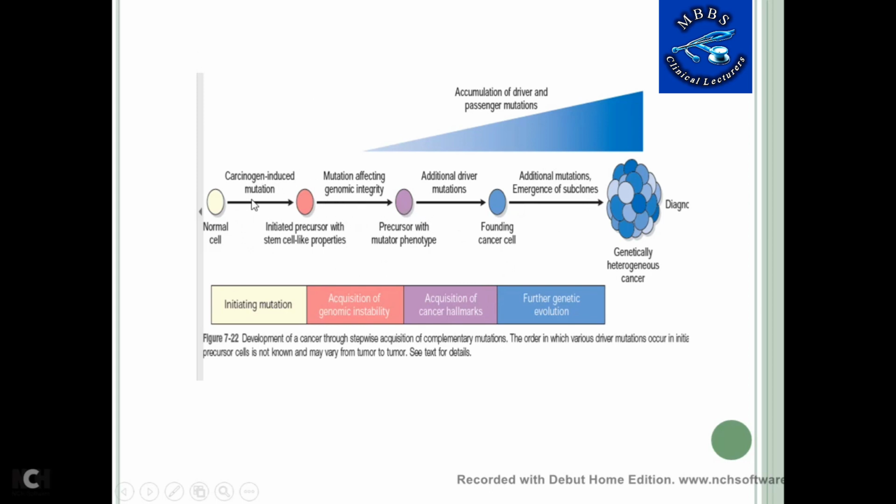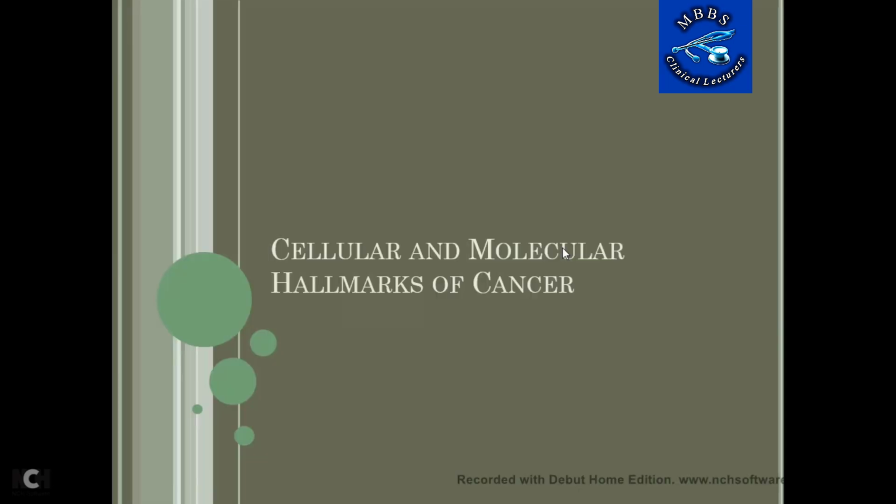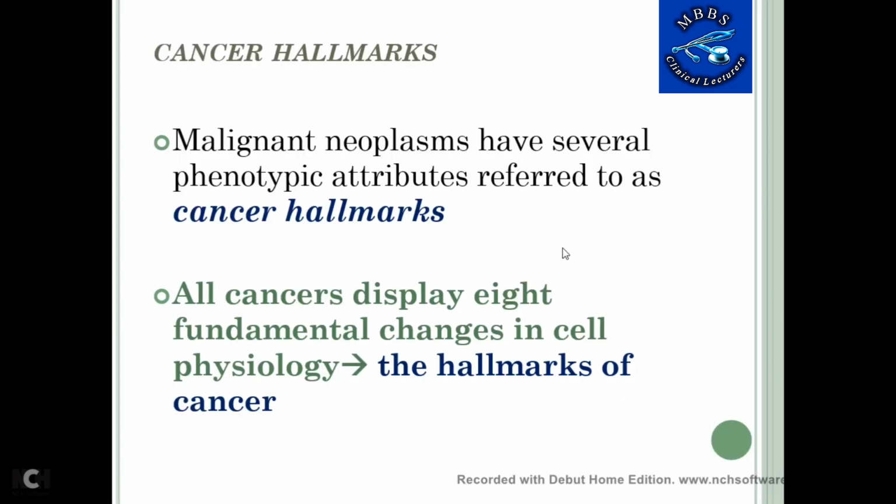I just told you that cancer is a multi-step process where initially there is only one mutation, but then there is accumulation of more and more mutations, and then eventually the cell or that organ undergoes the cancer acquisition. So mutation, as we just discussed, is a change in the coding sequence of the DNA.